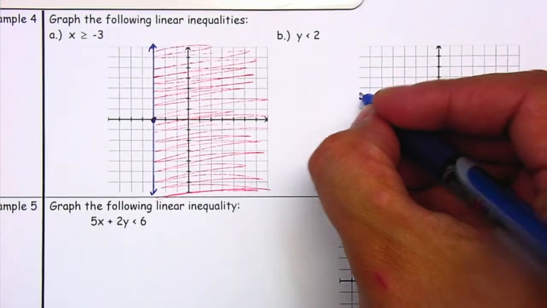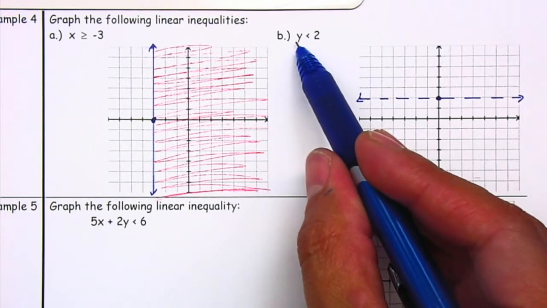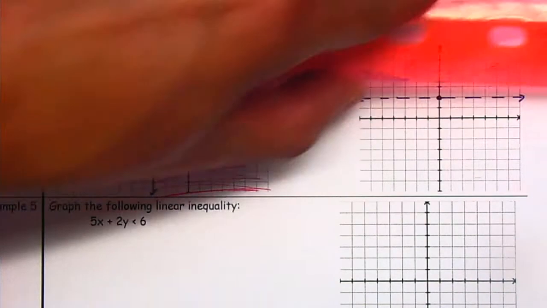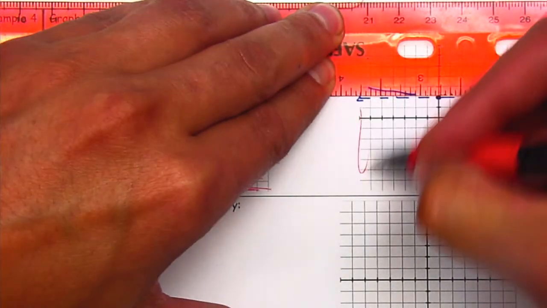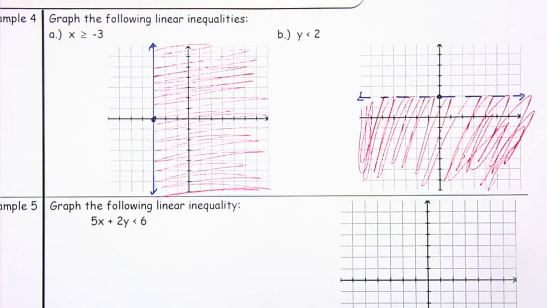Remember to place arrows on both sides. And we need to shade the values that are less than 2, which will be on the lower side. Some of you might want to test a point and then decide whether to shade the top or the bottom, which is perfectly okay. And that'll be the solution.